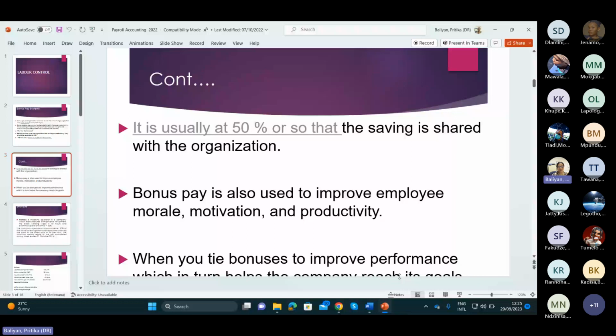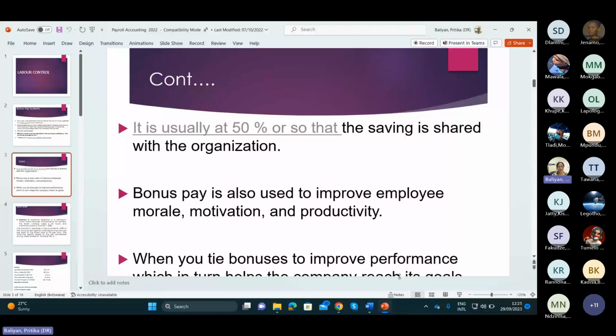Bonus pay is always used to improve the employee's morale, motivation, and productivity, so that for how much time they save, of the same time-saved remuneration, 50% will go to the worker and 50% remains with the employer.